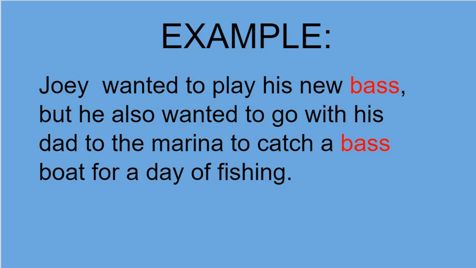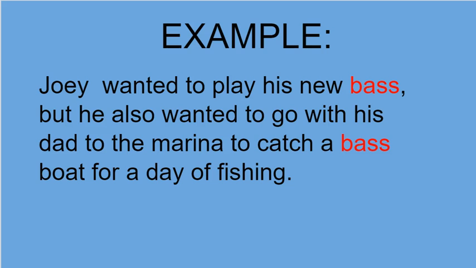There are many sentences like this. This is why we need to use context clues to determine what it means. If we look at this sentence, we know that if Joey wanted to play his new bass, it's not talking about fishing because we have the word bass talking about a day of fishing. Bass for a guitar, bass for a boat or a day of fishing.